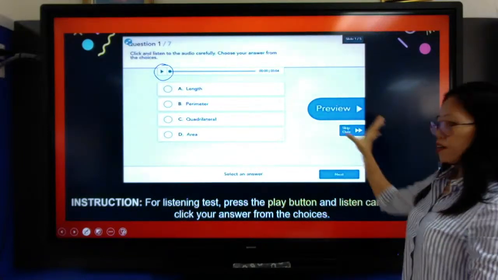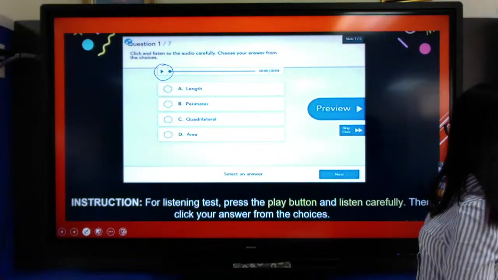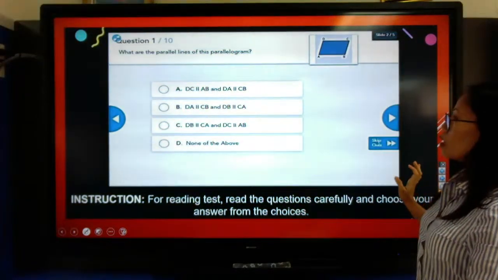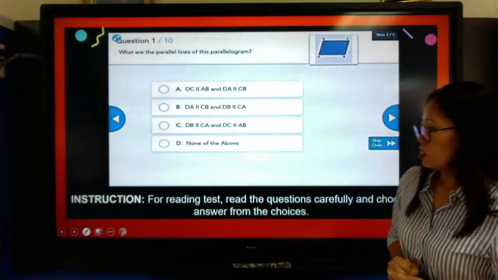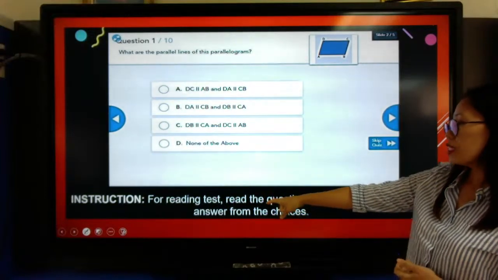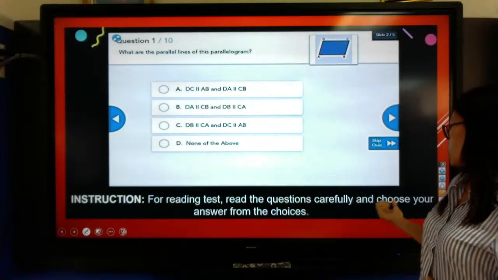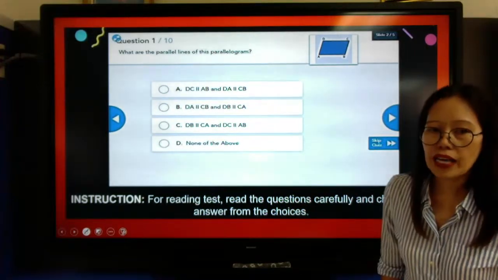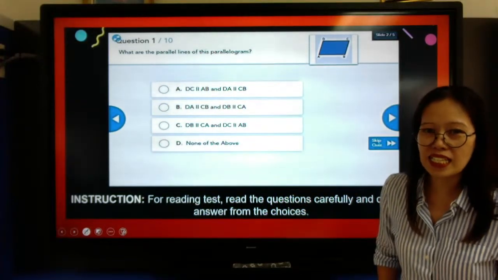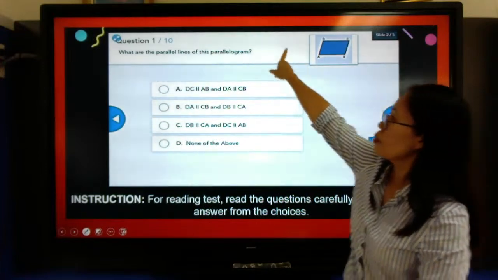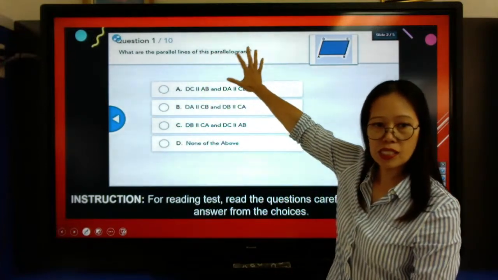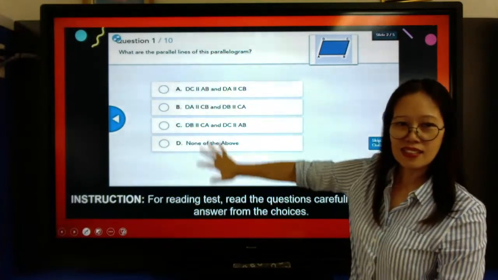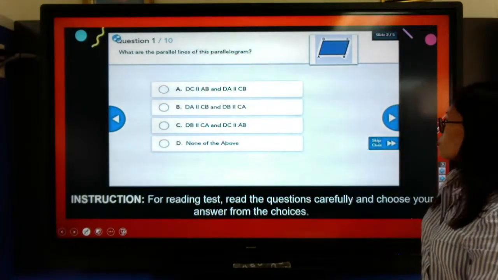Next, the reading test. For the reading test, read the questions carefully and choose your answer from the choices. This is just an example, of course, it's not your test.